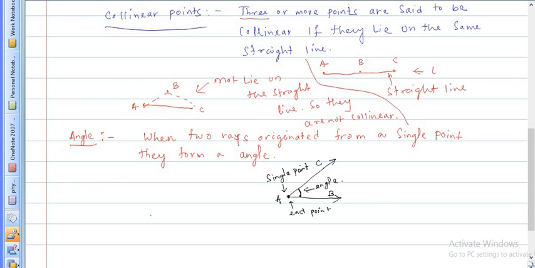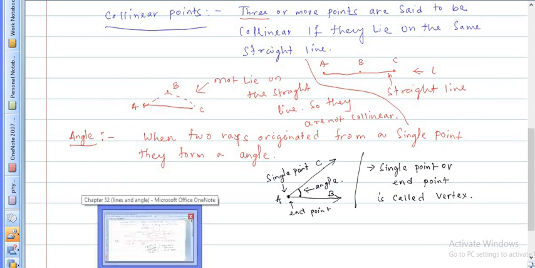Very simple. When these two rays originate from a single point, between them an angle is formed. Now remember this single point, remember some points here. This single point or endpoint is called the vertex.